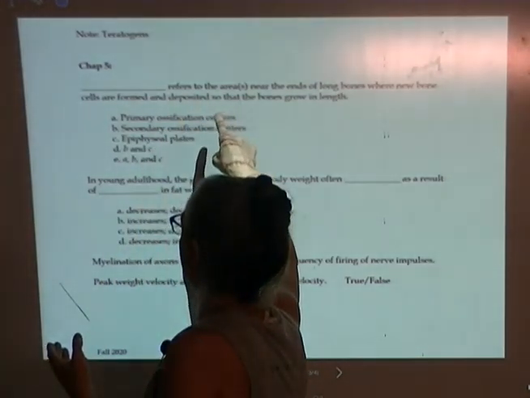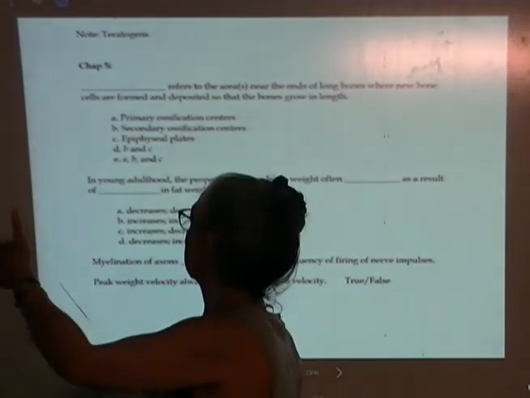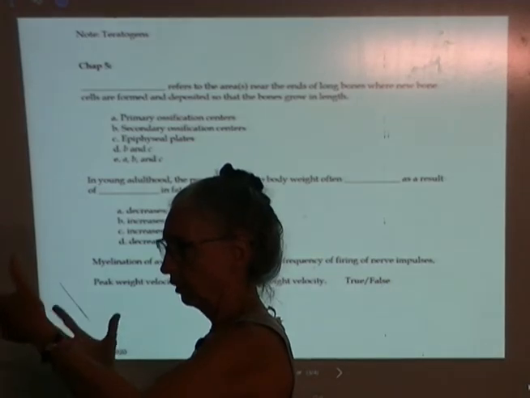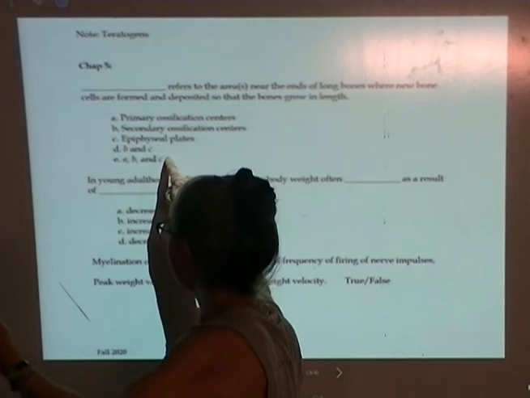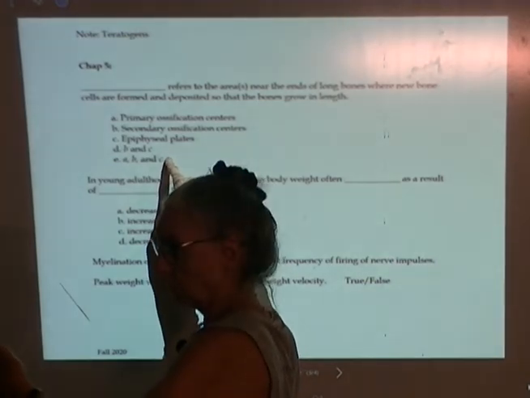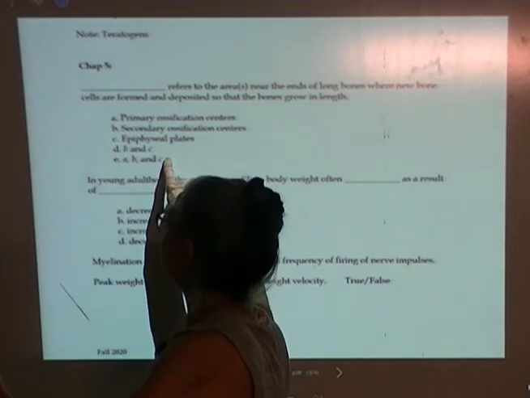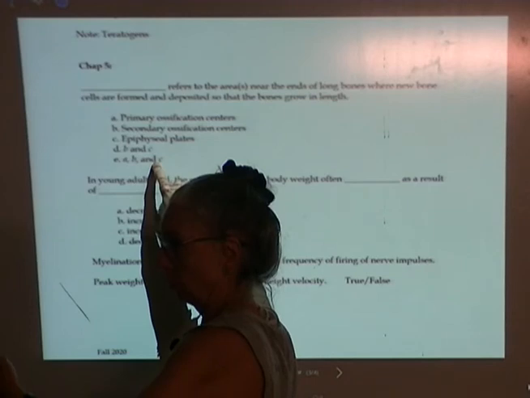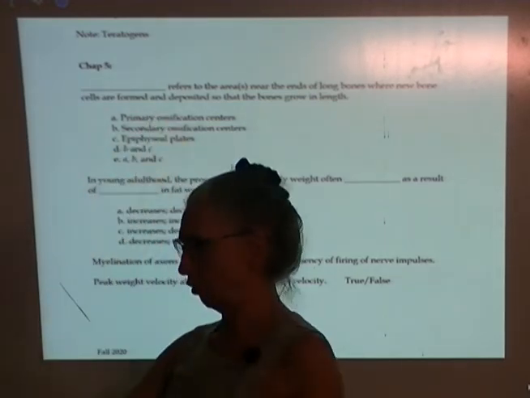Given the question, the answer can't be primary and secondary, right? That doesn't make sense. So I can cross out answer E, okay? Because answer E says it's primary and secondary. Okay? So I can cross out answer E, take that off the page.